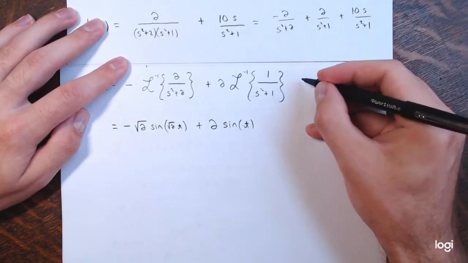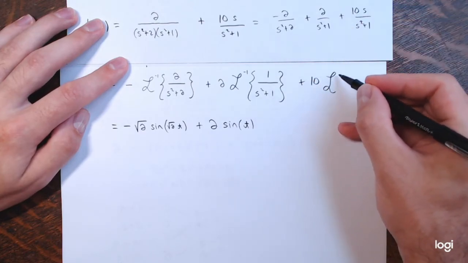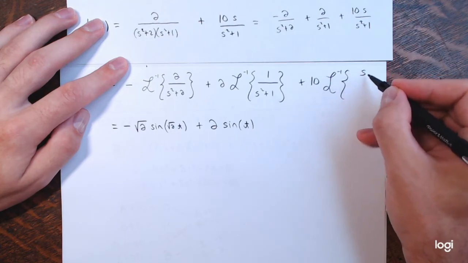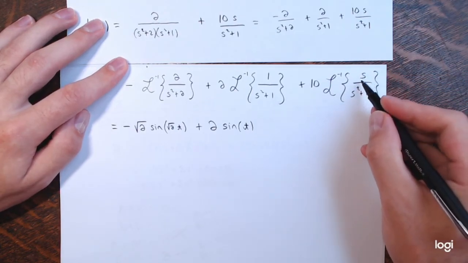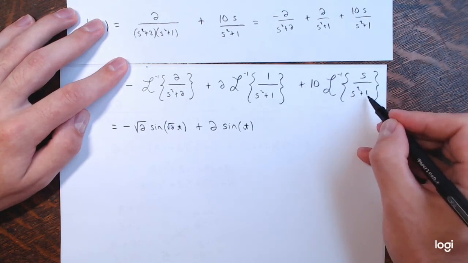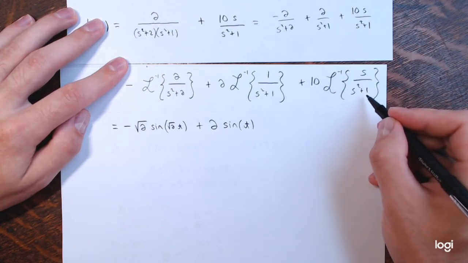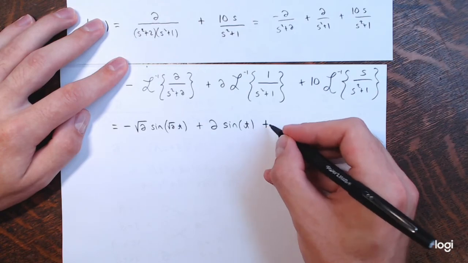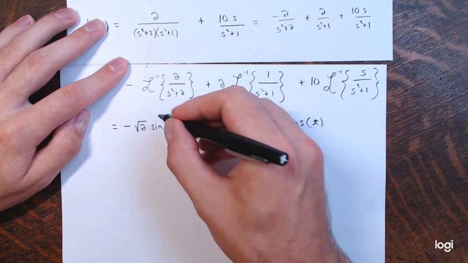And the last one, pulling the 10 out, 10 times the inverse Laplace transform of s over s squared plus 1. This has that form s over s squared plus k squared, where k is 1, the inverse Laplace transform of the cosine of kt. So plus 10 times the cosine of t. And there you go.